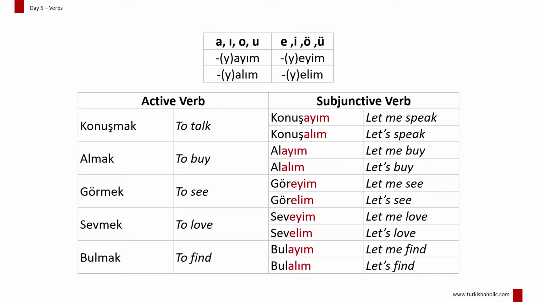If you want to suggest or desire something in your action, you can use subjunctive verbs. Subjunctive verbs basically mean "let someone do" in English. We make a verb subjunctive by adding the suffix eyim, ayım for one's own action or elim, alım for more than one person, and erasing the infinitive suffix mek, mak.